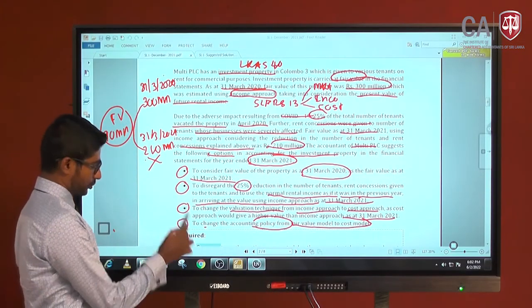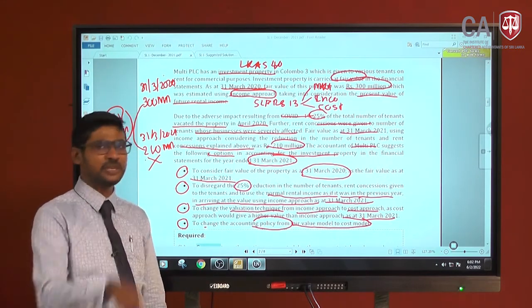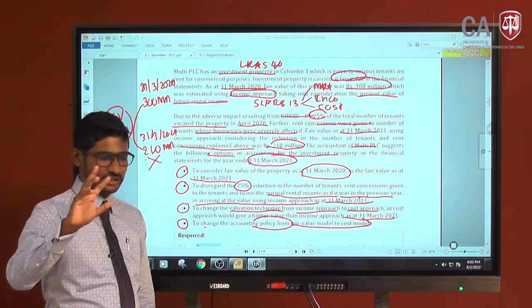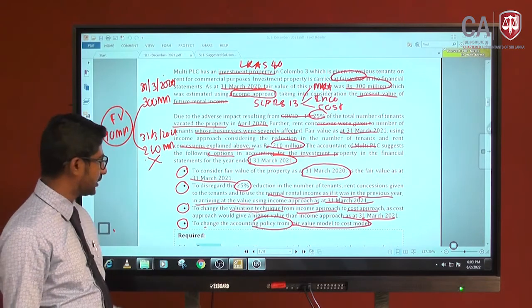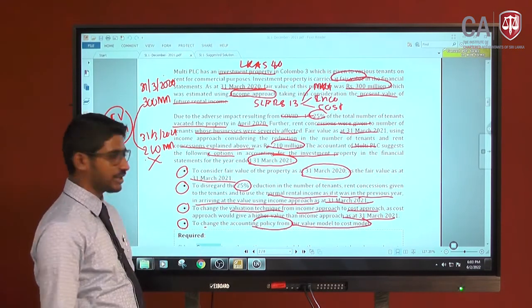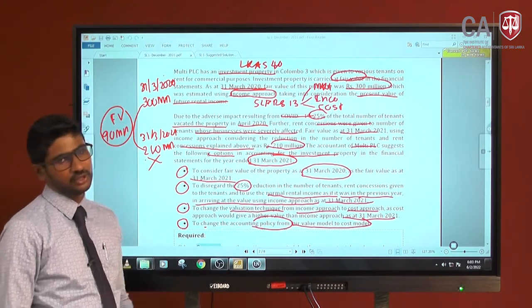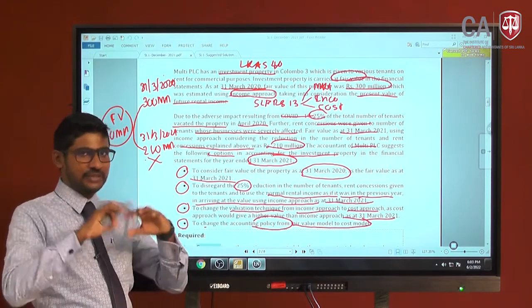So what is the problem, student? The first problem is, what is meant by fair value? Anyway, I will be rushing through the suggested solution as well. When it comes to SLFRS 13, what is fair value? No need to have the perfect definition, I will give you the keywords.